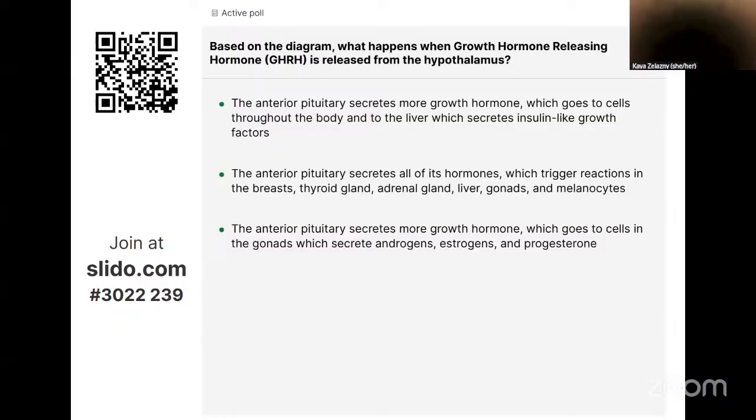Okay, so looking at that diagram, I want you to tell me what happens when growth hormone releasing hormone, GHRH, gets released from the hypothalamus. Okay, so we got some options.